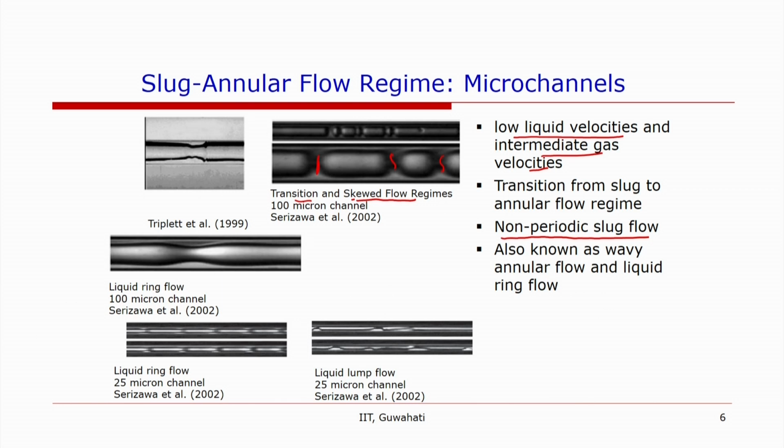So, I would suggest the slug flow regime, aperiodic or non-periodic slug flow, or Taylor bubbles in contact, and the other one, just after that, which is wavy annular flow.